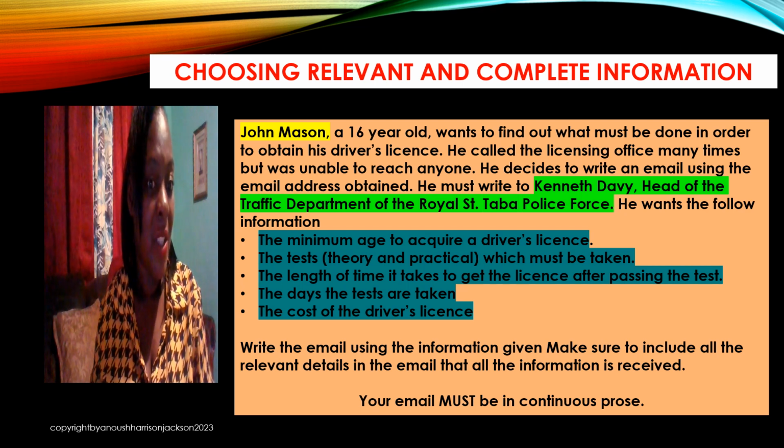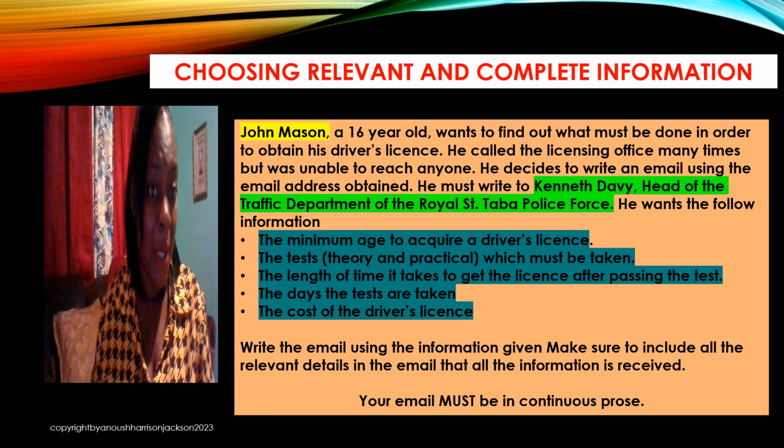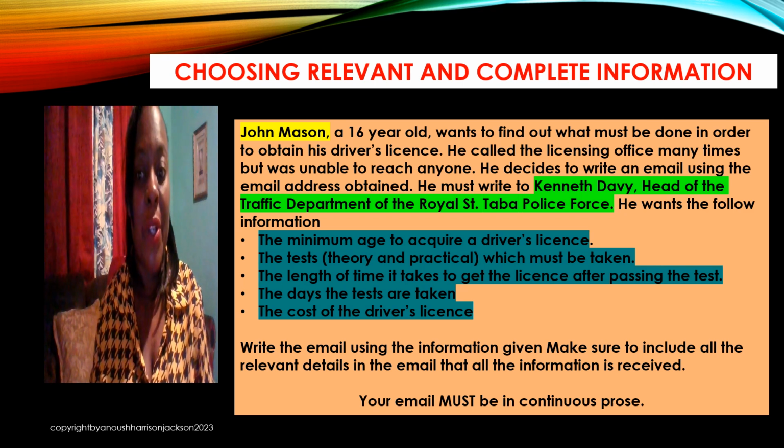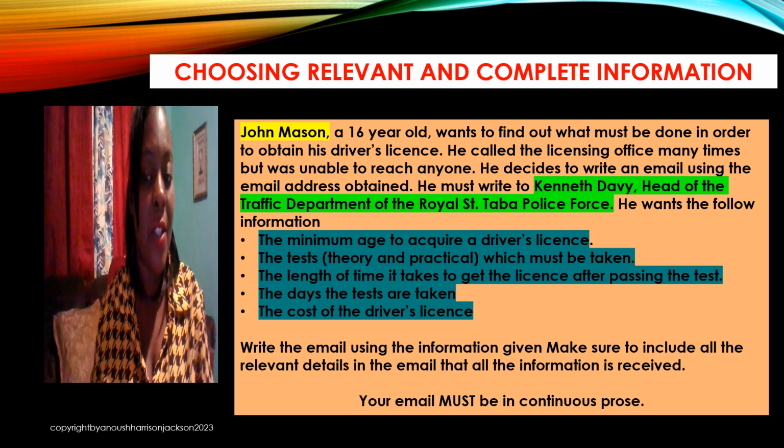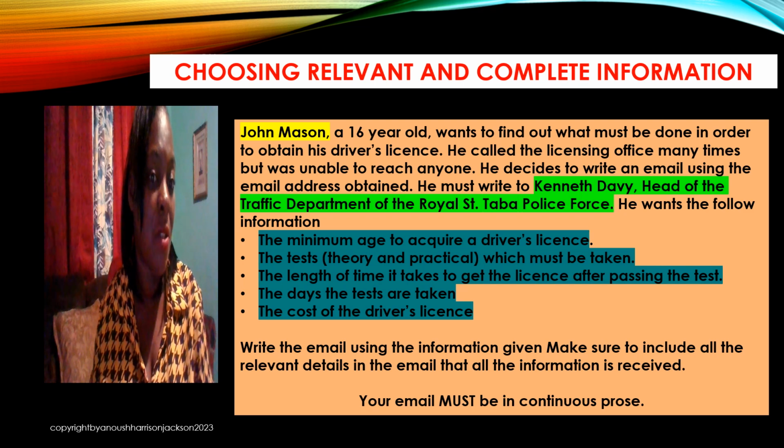And so the relevant and pertinent information will be the person who is sending the email, the recipient of the email, of course the information that pertains to the driver's license in terms of the minimum age, the test that should be taken, the time and days for the tests, and of course the cost of the driver's license. So all of that information will be relevant. The other information will be peripheral. All right, did you get that?